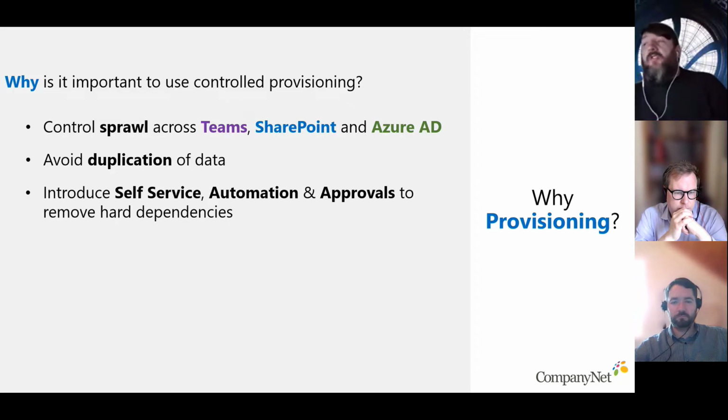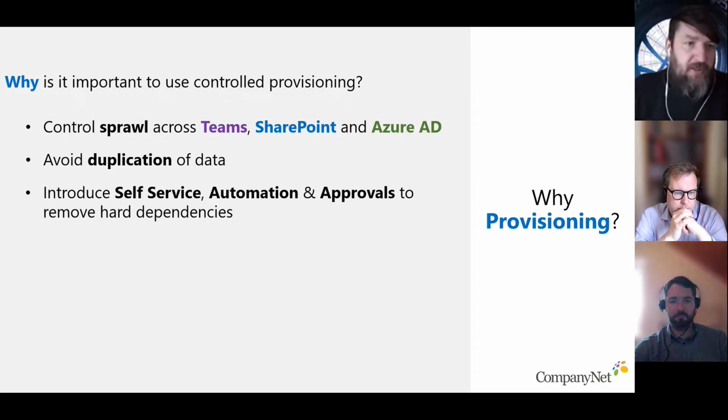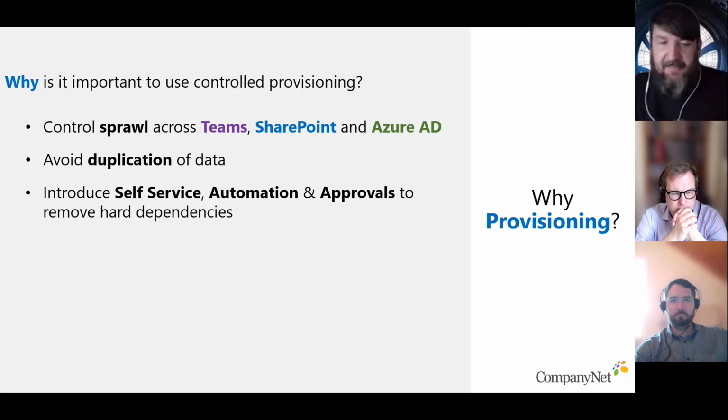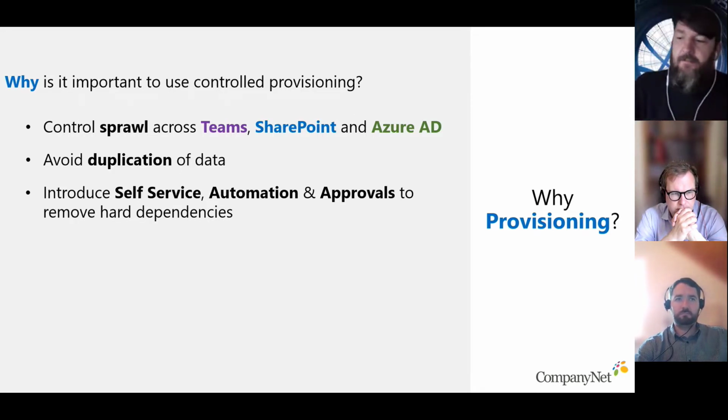Introducing self-service automation and approvals to remove hard dependencies. When we introduce a provisioning model, if we don't think about all the governance and the self-service around that, there's instantly an overhead, or a bottleneck, with the department or the area of the business that's managing those requests. So IT teams, or maybe it's HR or someone who's managing the requests as they come through.